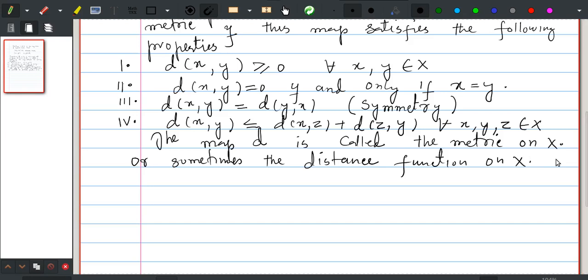These four properties are abstracted from familiar properties of distance between points in physical space.